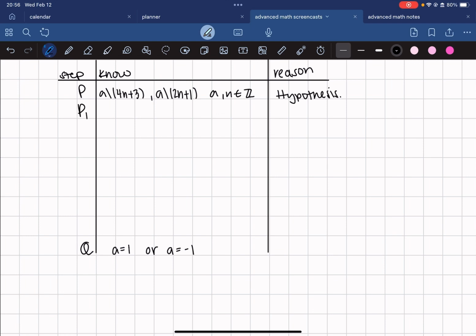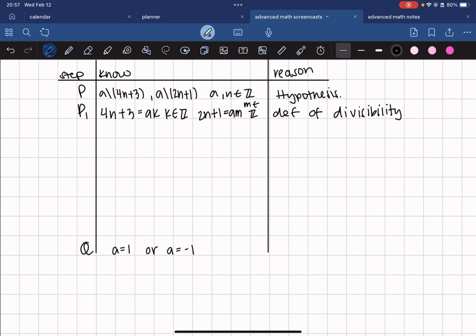So our step P1 is going to be the definition of divisibility. And we are going to say 4n plus 3 equals a times k for some integer k, and then 2n plus 1 equals a times m, for m an integer as well.